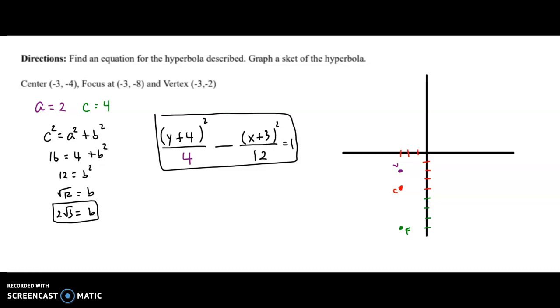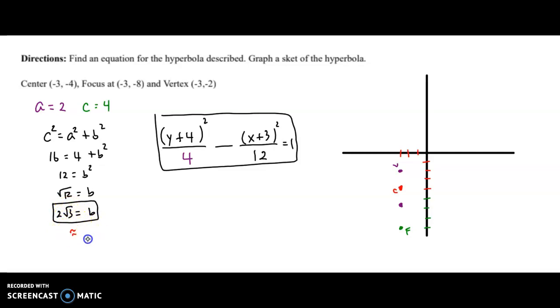I need another vertex point, and I'm going to go 2 units below the center, and that's going to be here. Now, we need a calculator here because of 2 root 3, we need an approximation.